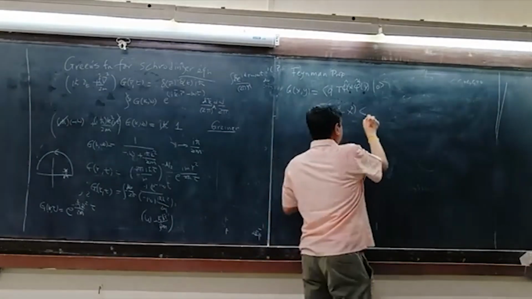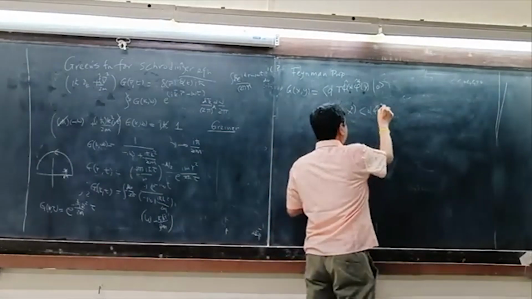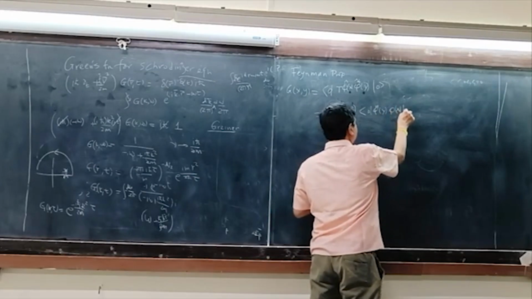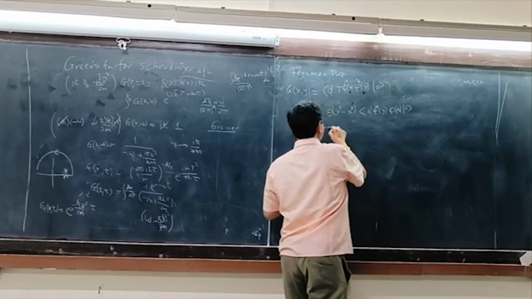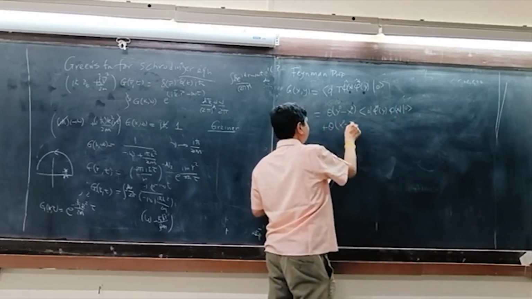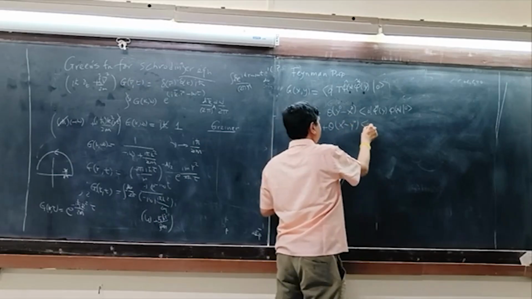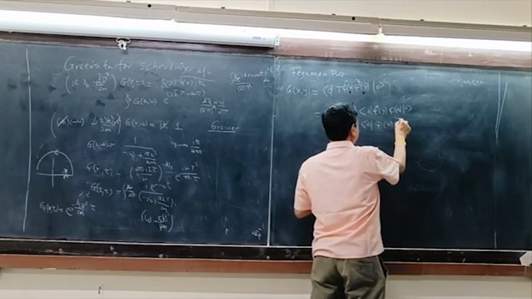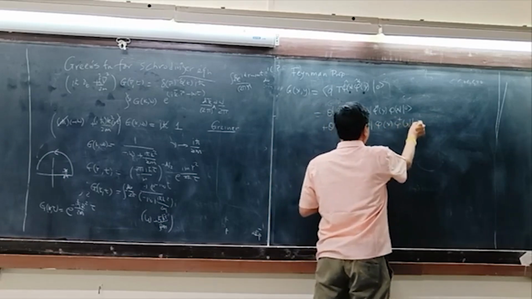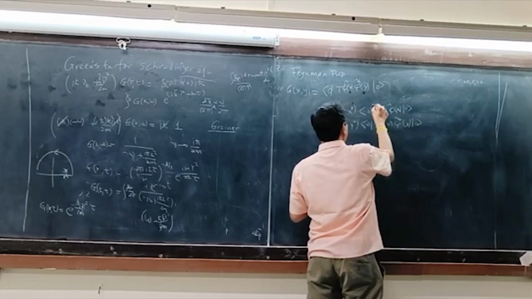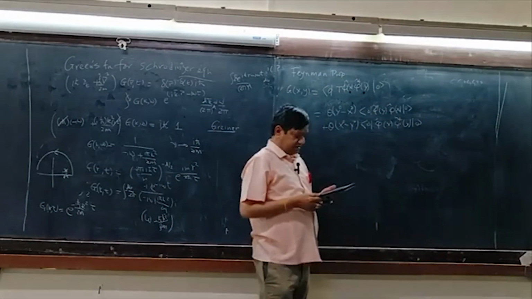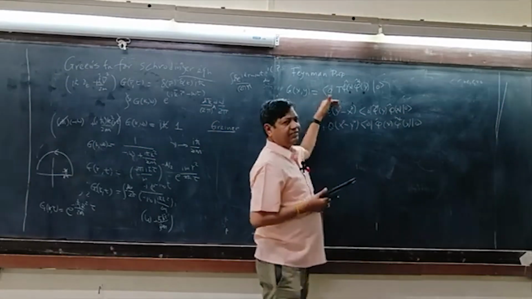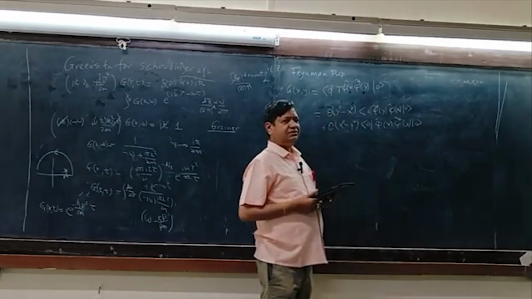So if y is after x, so 0 phi dagger y phi x 0, plus theta, if x is after y, so 0 phi x phi y 0. And all these are operators, okay? So we have to compute for both of them.